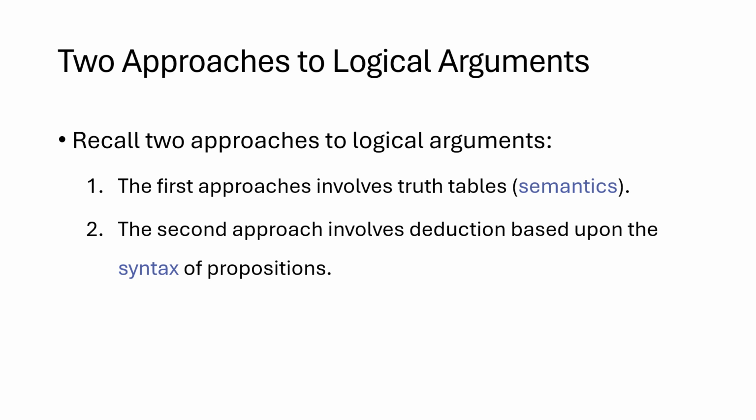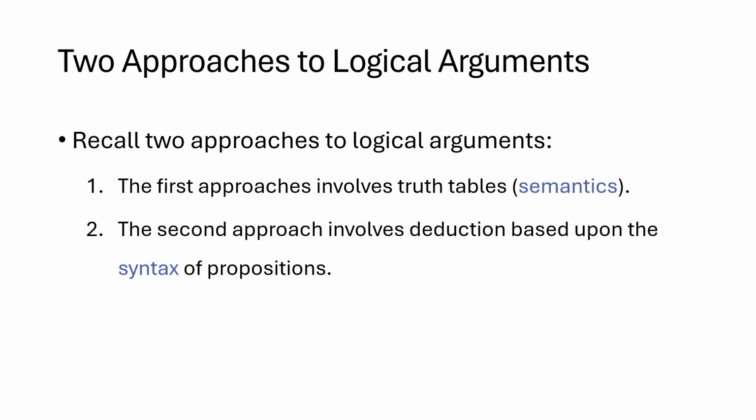Now, the problem with truth tables, as you remember from the previous videos. First of all, the positive thing about the truth table approach, or the semantics approach, is that it's very straightforward. The same kind of algorithm applies all the time, no matter what your formulas are. The problem with it is when you have, let's say, 4 variables involved, P, Q, R, and S. Each one of them can either be true or false. So 2 possibilities for the first variable times 2 possibilities for the second times 2 for the third times 2 for the last variable.